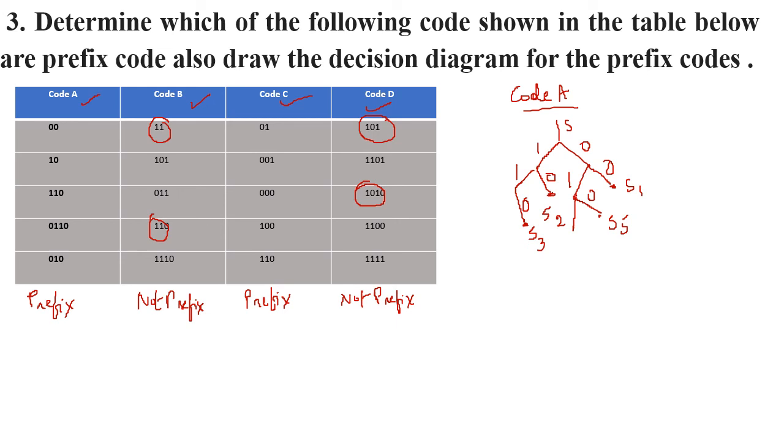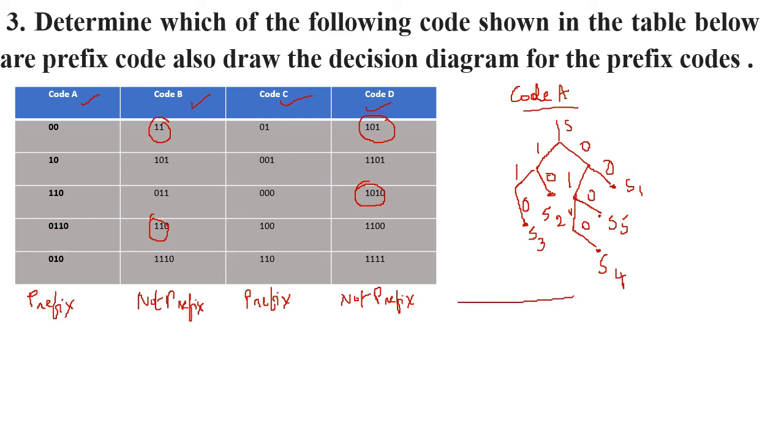Next you have 0, 1, 1, and we'll try to branch it again. So 0, 1, 1 and 0. So you are going to get this node as S4. Okay, so we have got all the code tree or all the branches for your given code A.